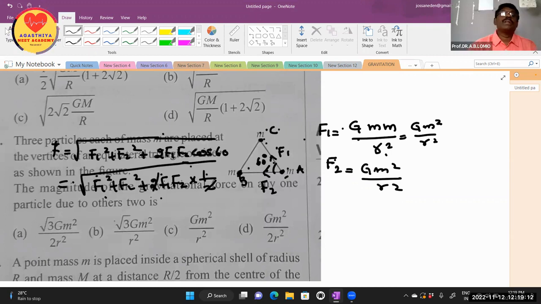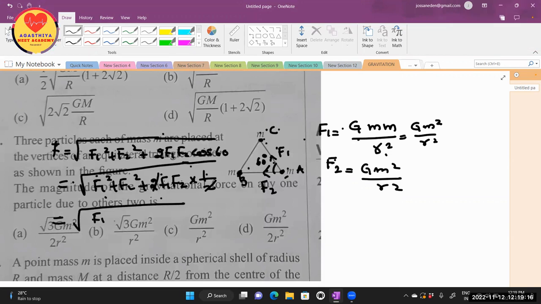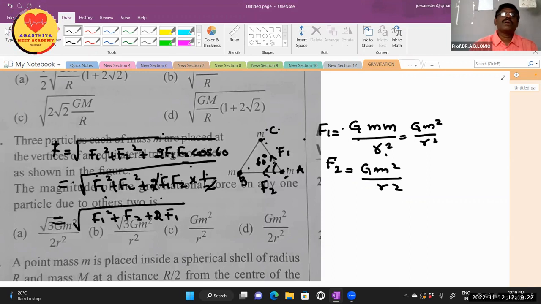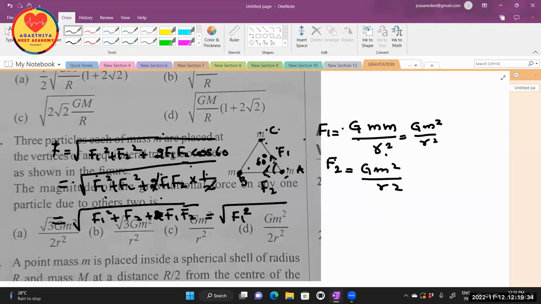The 2 gets cancelled. Now F1 squared plus F2 squared plus F1 F2. F1 is equal to F2, so F2 becomes F1 squared.